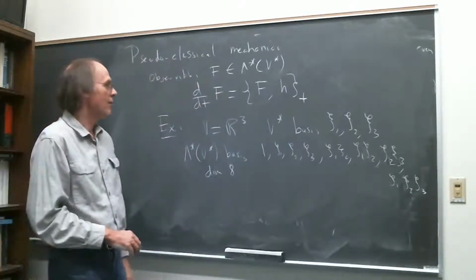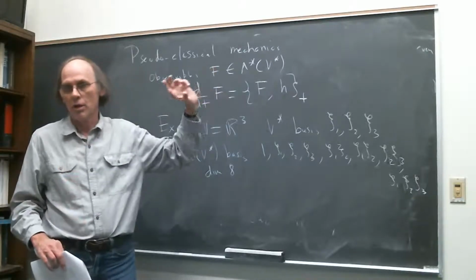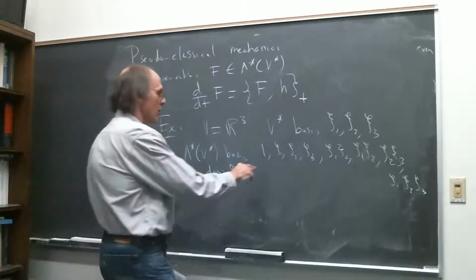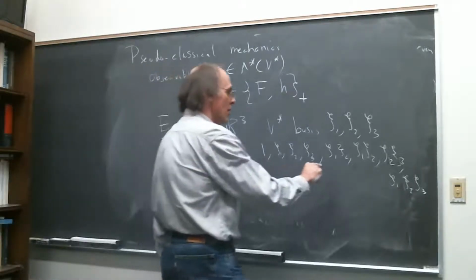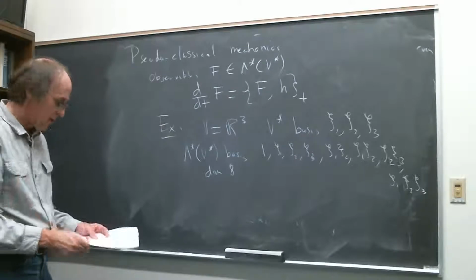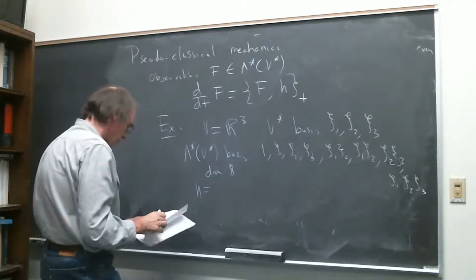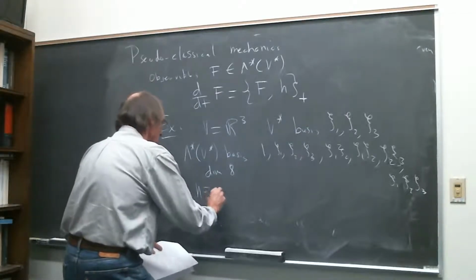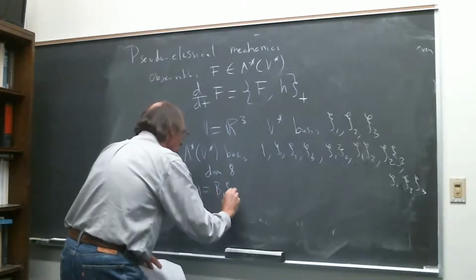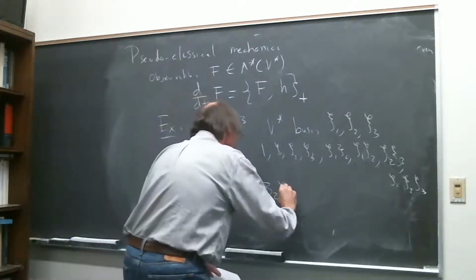If we want to have a Hamiltonian and have a behavior somewhat like the usual behavior, we want our Hamiltonian to be even, and a Hamiltonian of 1 is uninteresting. So the general case is going to be some linear combination of these two guys. So let's take h equal to b1 psi 2 psi 3 plus b2 psi 3 psi 1, plus b3 psi 1 psi 2.